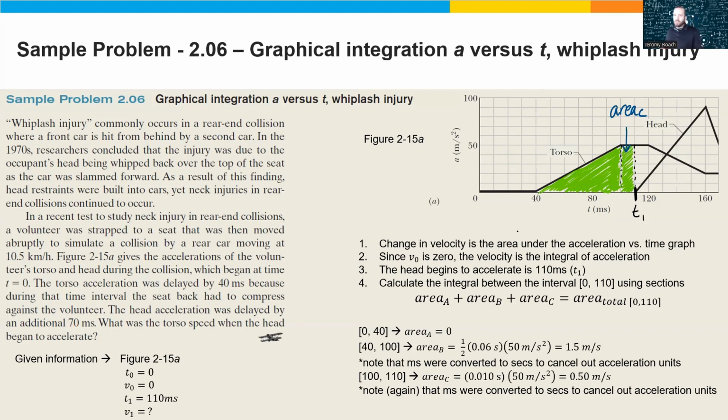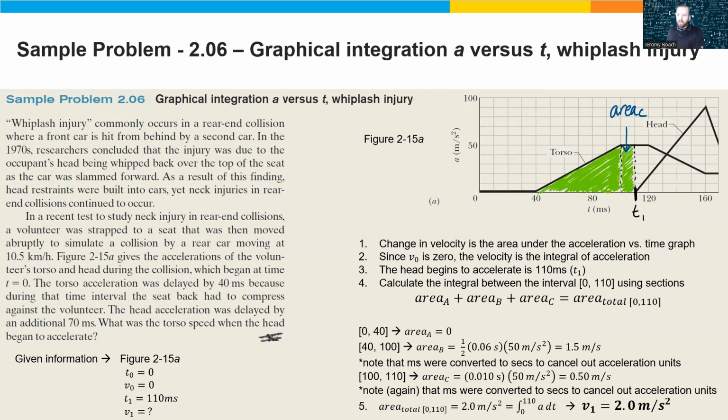For the final portion, area C, that's just a rectangle. So we have 0.01 seconds times the height of 50 meters per second squared, and that gives us 0.5 meters per second. So now we have 1.5 meters per second and 0.5 meters per second.